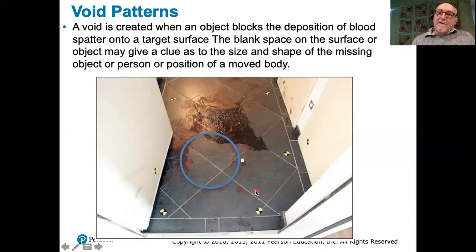If you came upon a scene of a crime, and it looked like this, there was no victim there, you'd be able to tell a number of things. The first thing is that there was somebody lying here. You might even be able to guess at their size from that void pattern.